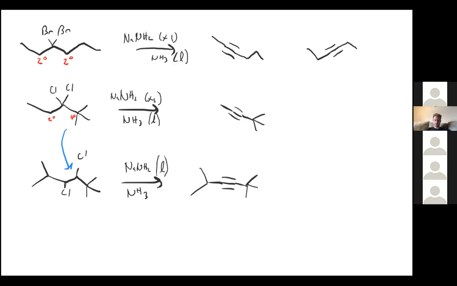Okay, so let's do some reductions. We have 3 different flavors of reduction we can do, starting from a triple bond. If I take H2, this is going to just reduce down to single bonds.